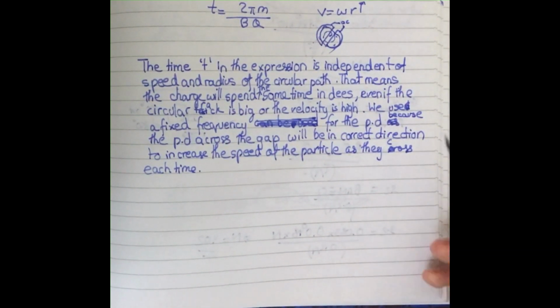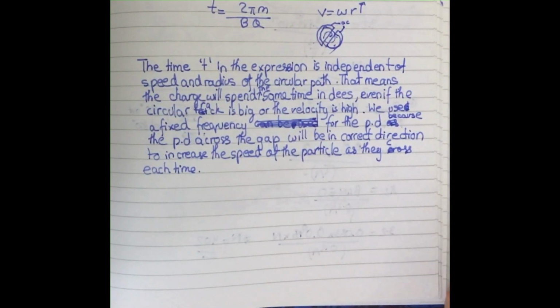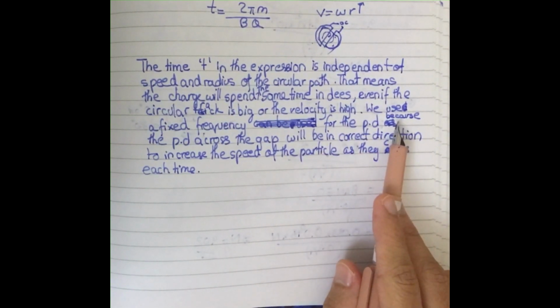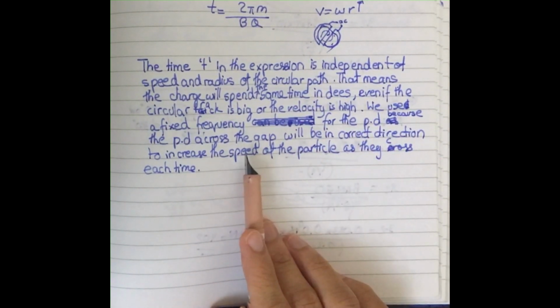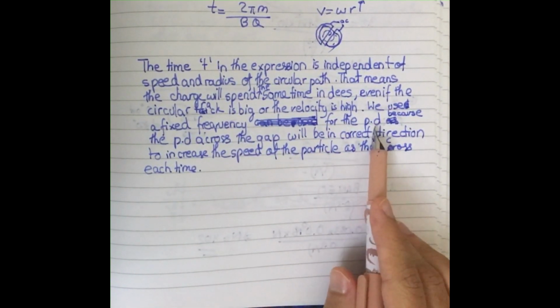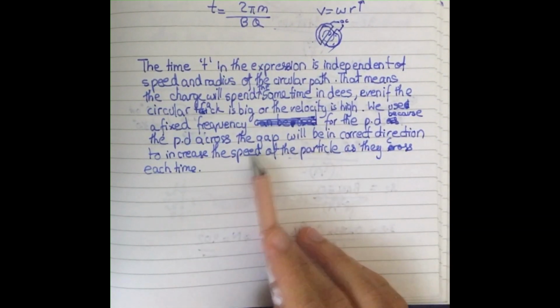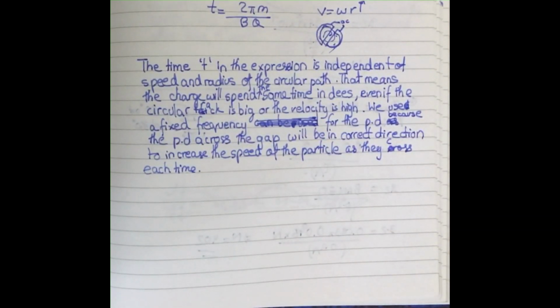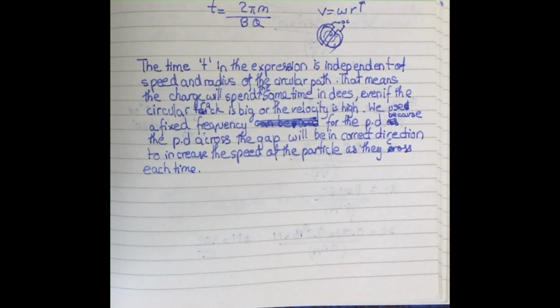Now you may ask why I mentioned this point, that we used a fixed frequency for the potential difference. Because as it is said in the first sentence, in the Lorentz cyclotron, an alternating potential difference was used to accelerate particles to high energy.